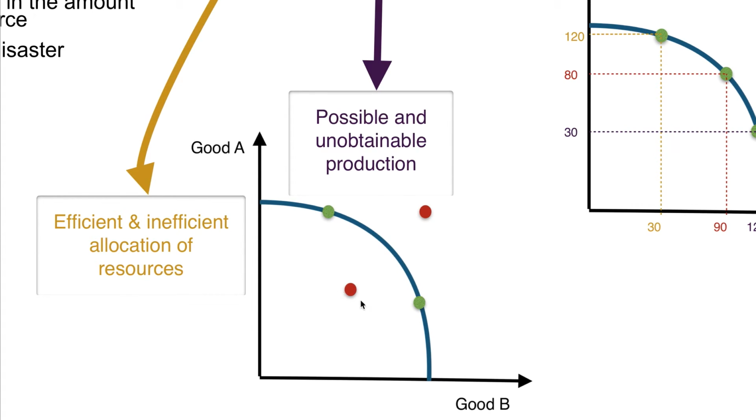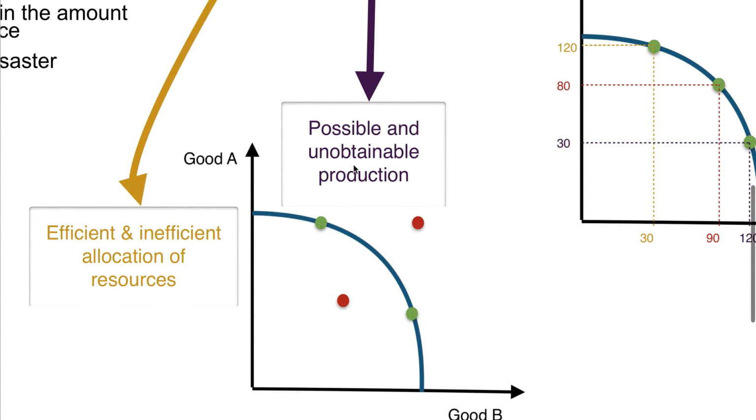And then this here is an inefficient allocation of resources because you're not using all the given resources in the economy. Now our economy will always be really close to the PPF, but not actually on it, because it's really difficult to get absolutely everything in the economy working. But we aim to be on the PPF to get the most efficient allocation of resources.